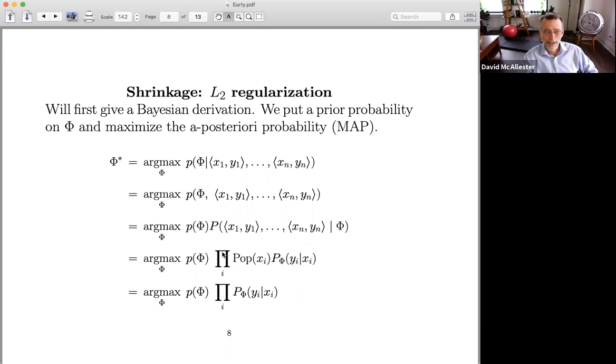So we can drop that from the optimization problem. So the optimization problem just becomes argmax over the model, the probability of the model times the product over all the data points, all the xy pairs, the probability of y given x. So this becomes our optimization problem.